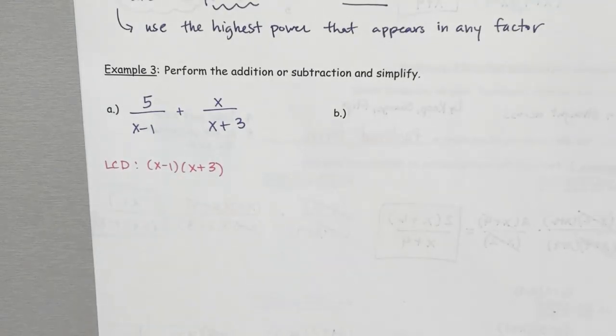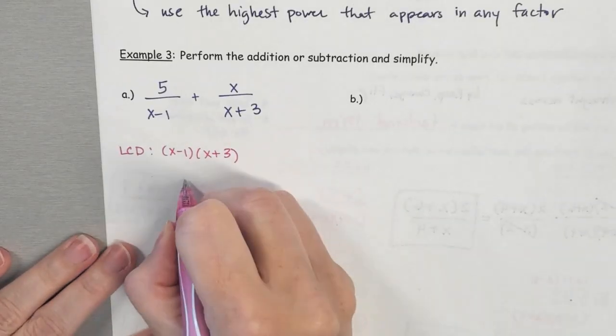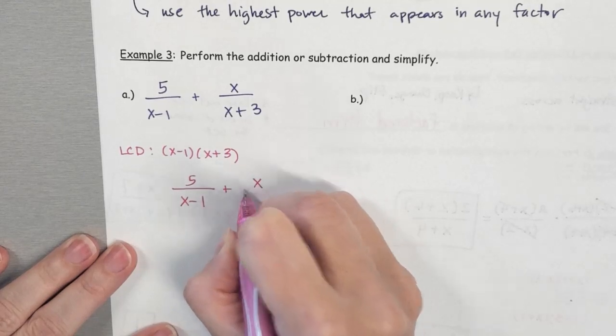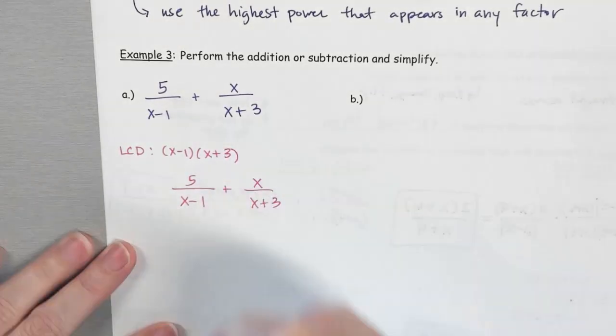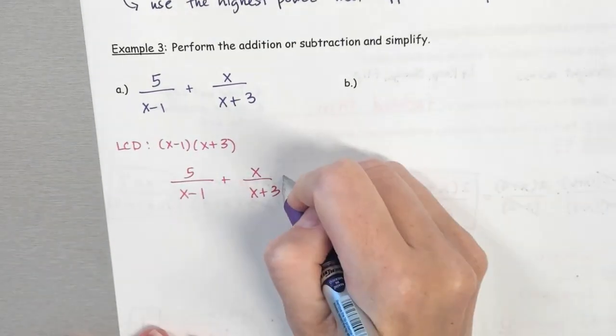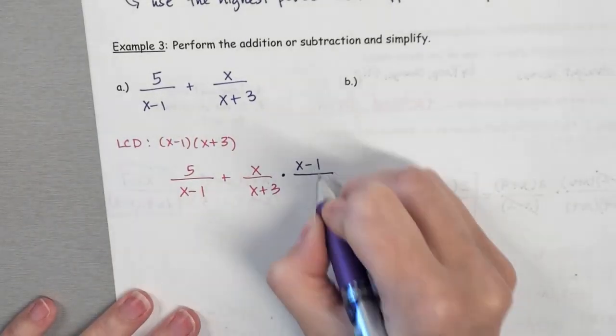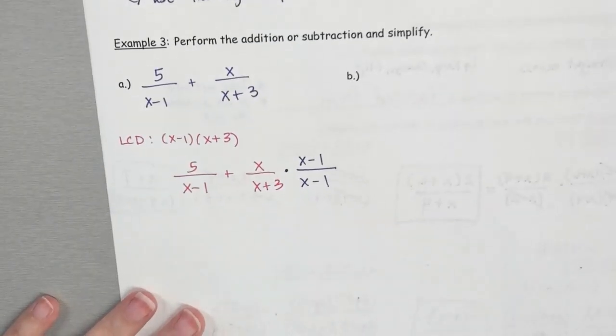Okay, and then when you are doing this on your practice problems, you're not going to have to write this out twice, but you do have to show this step. So you have to show that you are multiplying by x minus 1 over x minus 1.